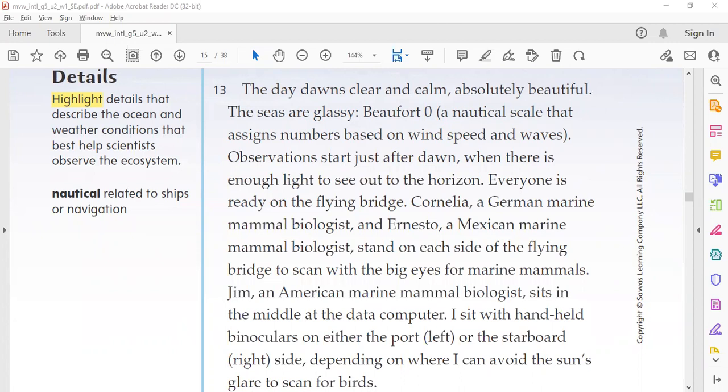The question is right there, Malik. Highlight details that describe the ocean and the weather conditions that best help scientists observe the ecosystem.